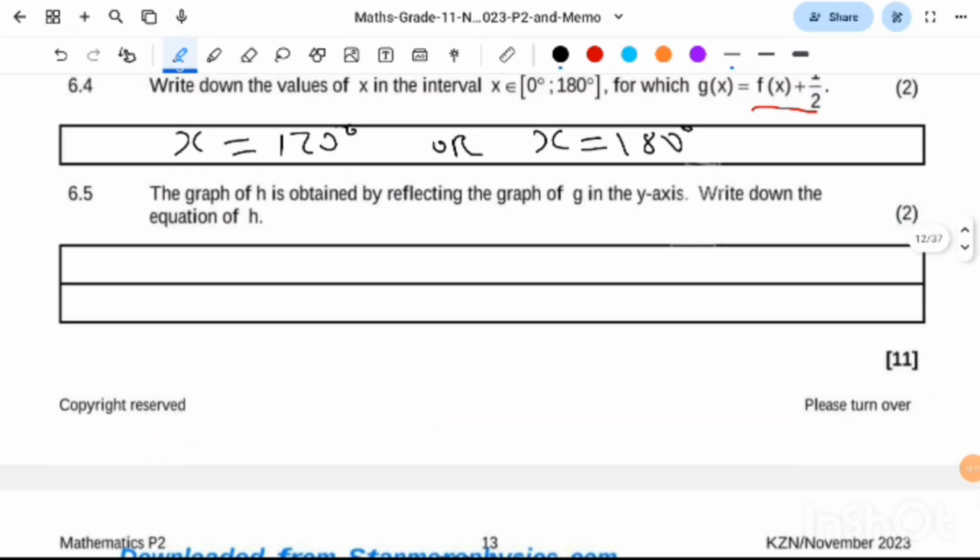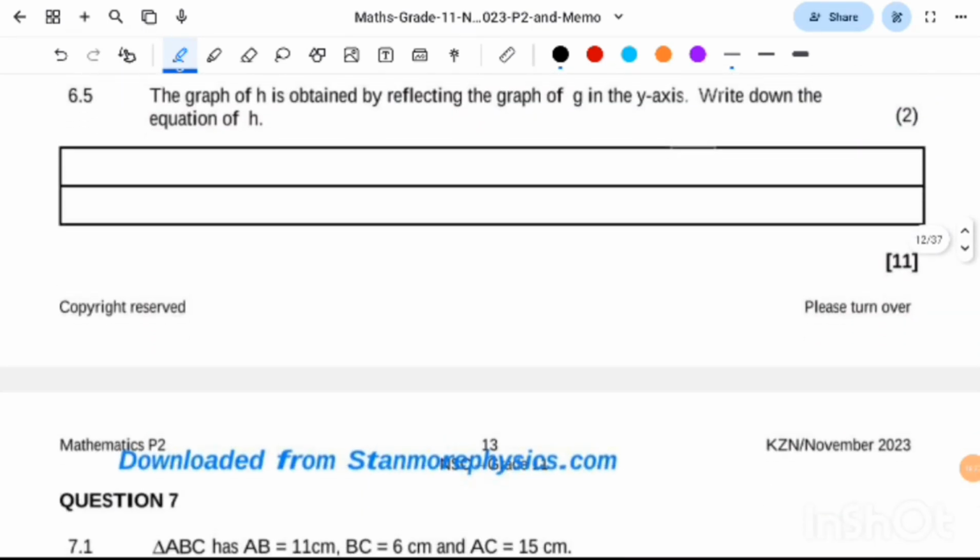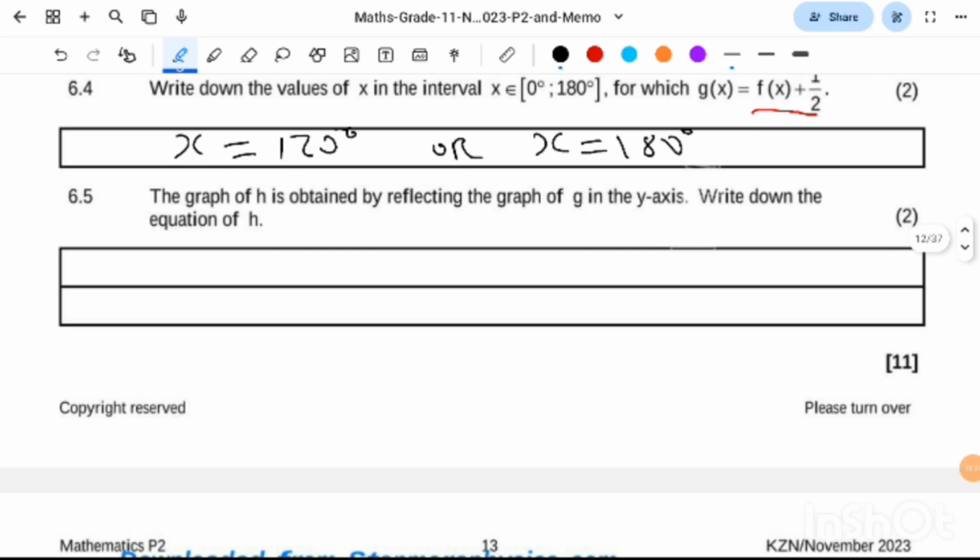Okay, now let's look at the last question. The last question says that the graph of h is obtained by reflecting the graph of g in the y-axis. Write down the equation of h.